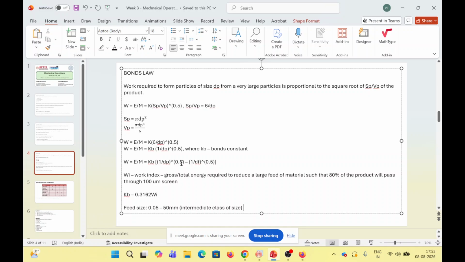Or shall we move towards size reduction stuff? Yes. No questions.